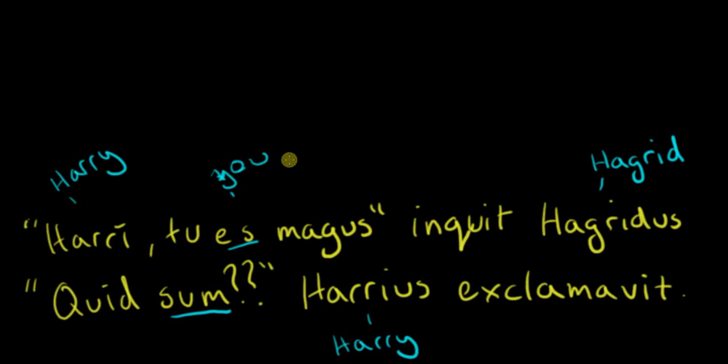You are. We've got I am. Tu is, I know I just said that we generally don't use pronouns, but this is quite an emphatic moment and it just means you. So we've got you are.